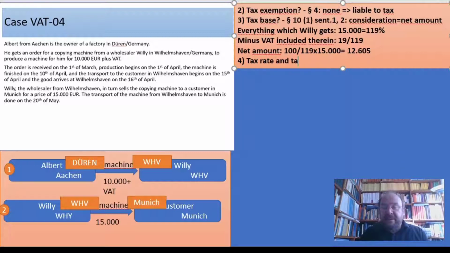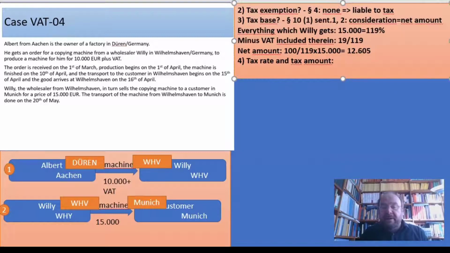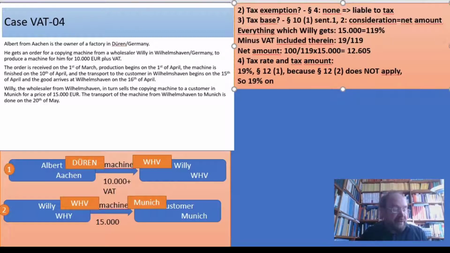Tax rate and tax amount. Well, it's 19% because of § 12.1, because § 12.2 does not apply. So 19% on 12,605. Even typing in should be done better. 12,605 times 19%.